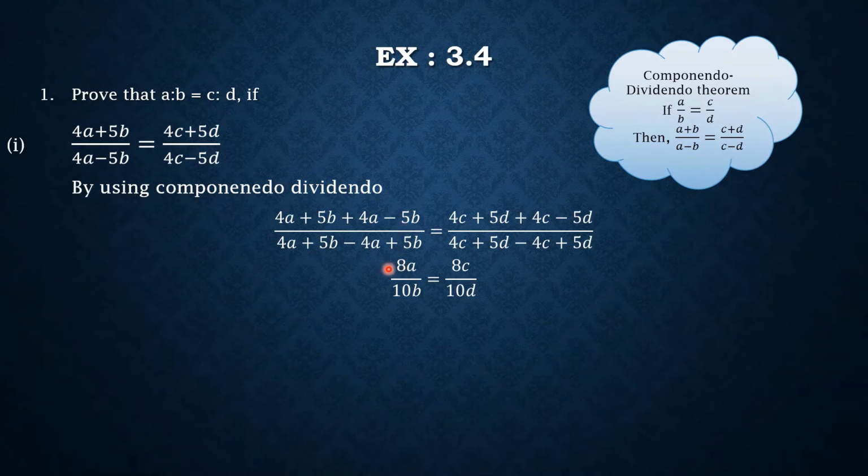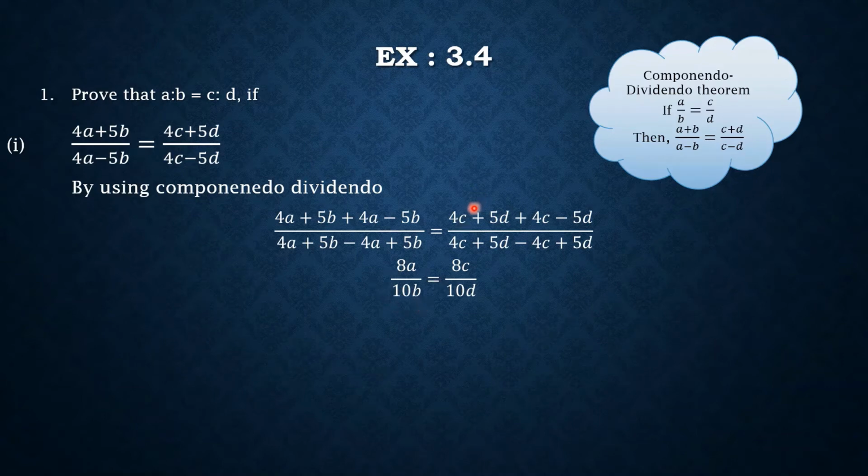Now come to the denominator, 4A and minus 4A. The sign of these two expressions is opposite, so we will cancel these two, and plus 5B and plus 5B have the same sign, so they will be added and we will get 10B. So the fraction on the left side is 8A over 10B.